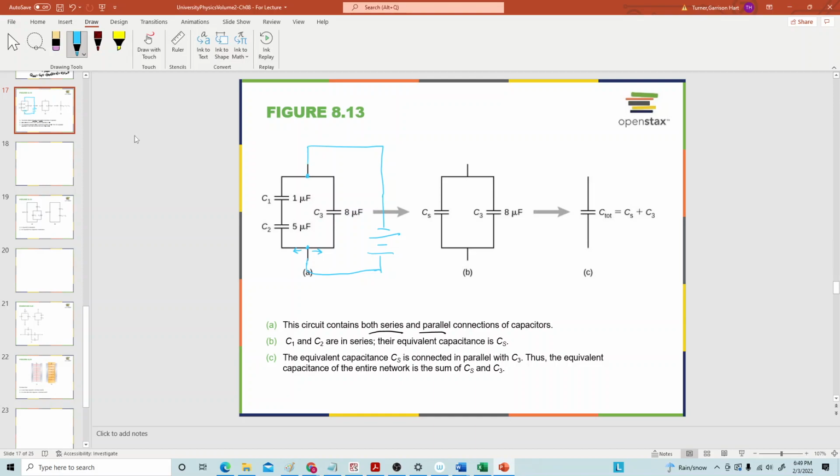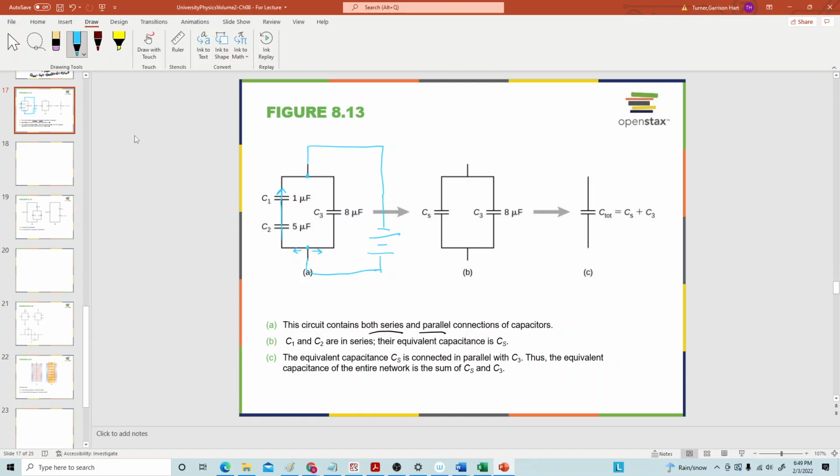And so anytime you have a junction like this, the branches are said to be in a parallel configuration. But these 2 capacitors are in a branch of a wire where the current can only flow in one direction, or I should say that there's only one path.